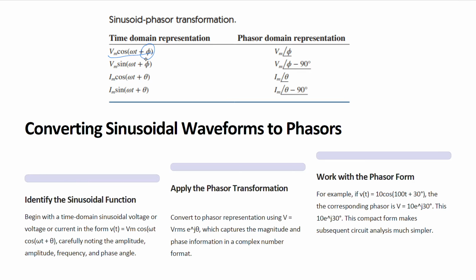So the initial direction is going to be the theta, whatever is inside the cosine at time 0. So we can represent the phase of our vector based on whatever is inside the cosine at time 0.